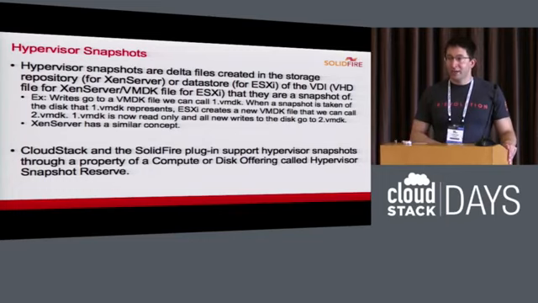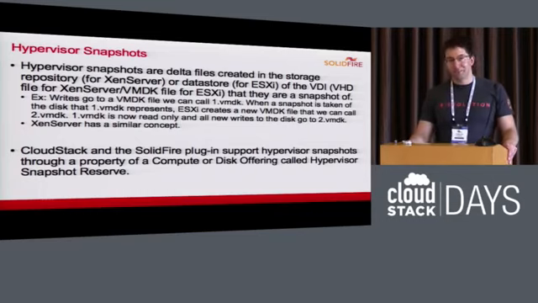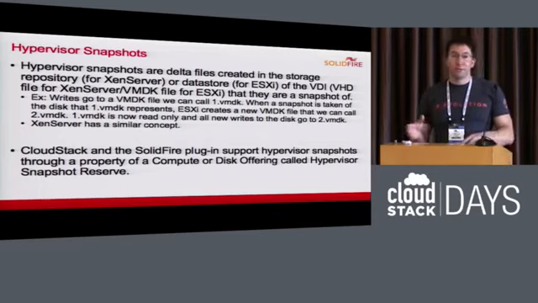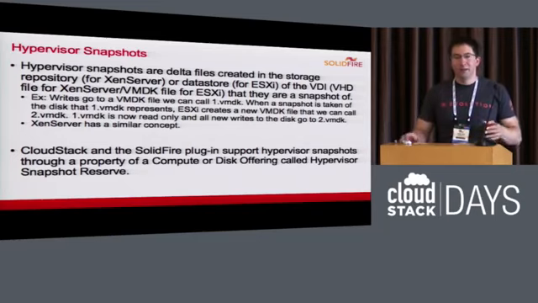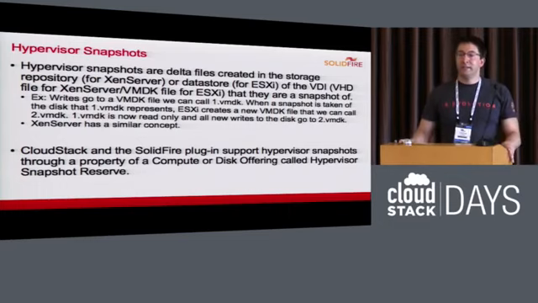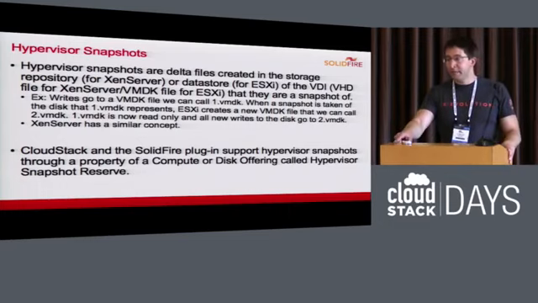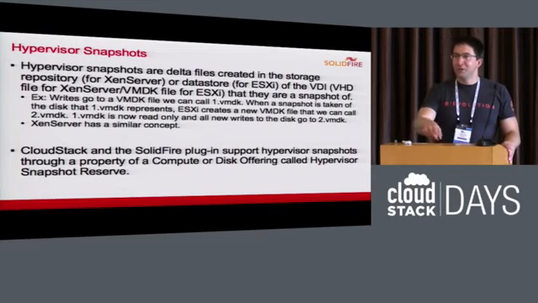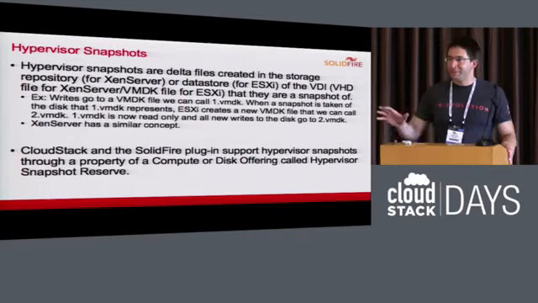What I have to do right now is, if somebody says take a snapshot of this particular virtual disk, if it's on XenServer, I have to make a brand new SolidFire volume, give it to XenServer, tell it to make a brand new storage repository, and then tell XenServer to copy that VDI from the source SR to the destination SR, which is very similar to what happens with NFS.